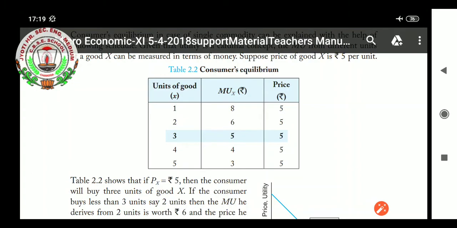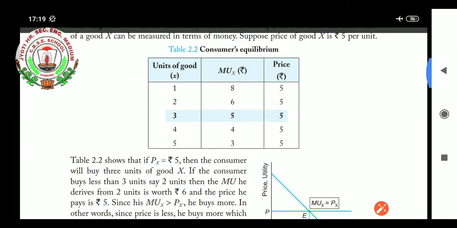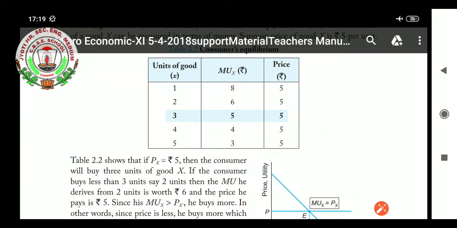When it increases from 2 to 3, 1 more unit, it starts declining from 6 to 5. Price remains the same, but here MUX equals PX. It is the level where the consumer gets maximum satisfaction.